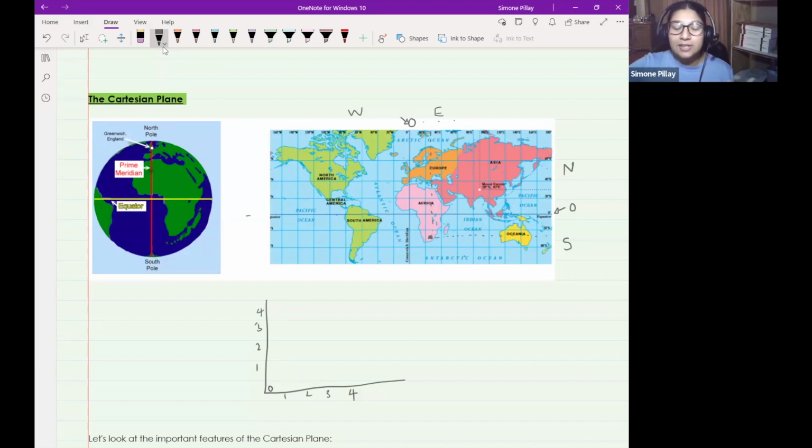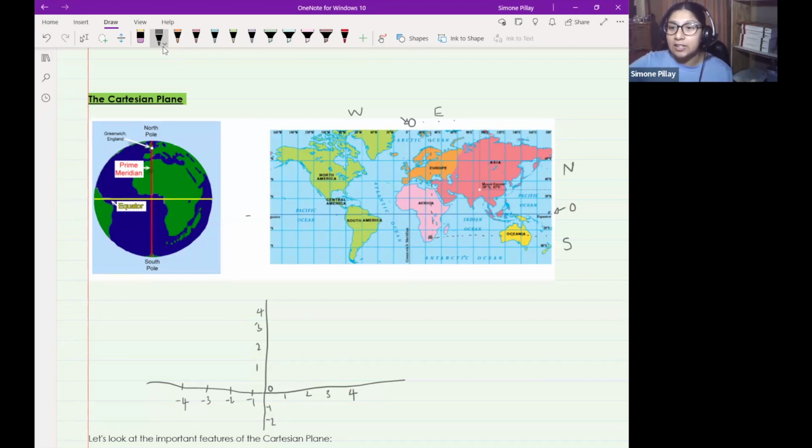What happens now when we learn about the Cartesian plane is, because we've also learned about negative numbers, I have to extend this to have -1, -2, -3, -4, and then -1 and -2 on the other line. So you can see I can extend both of those lines to include negative numbers.